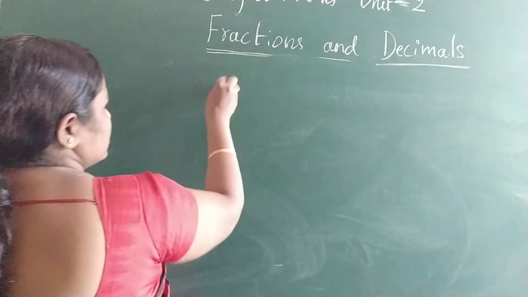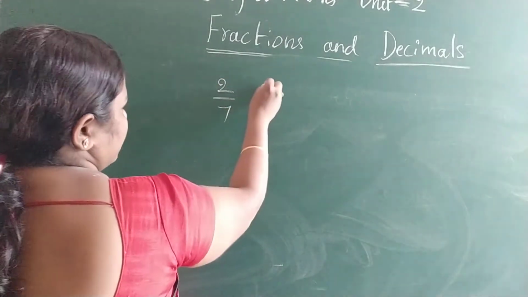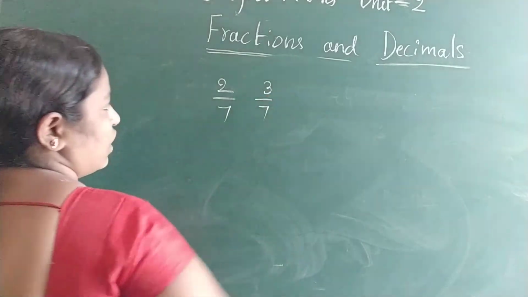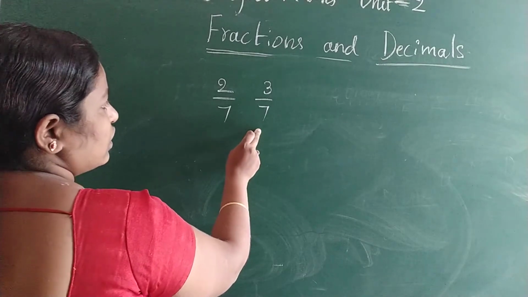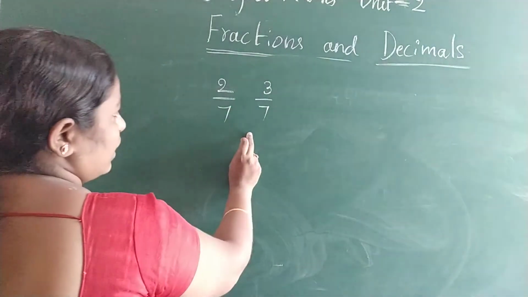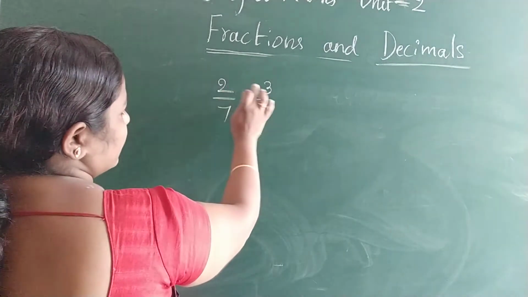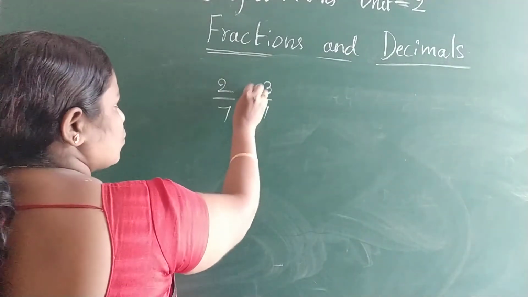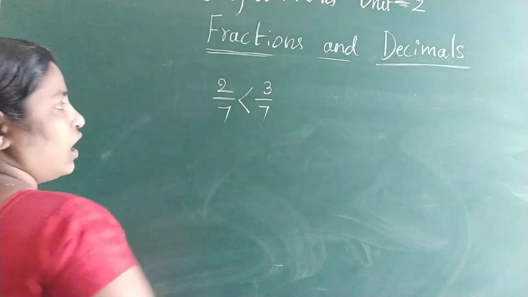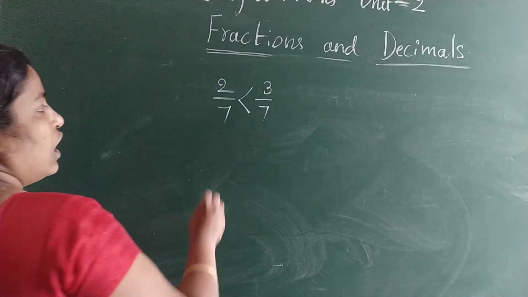If the fractions have the same denominator, how do we compare them? You just compare the numerators. Whichever numerator is bigger, that fraction is bigger than the other one.